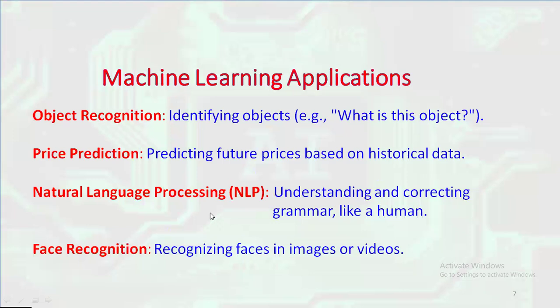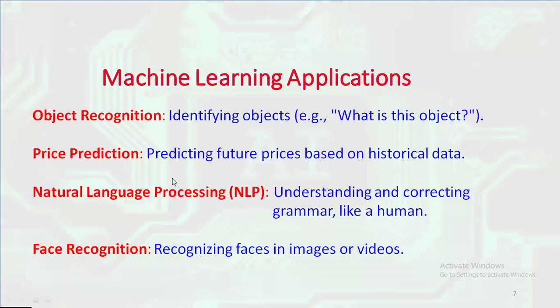Next, we'll see machine learning applications. We have so many applications; I have shown you only 4 here. Object recognition allows machines to detect and identify objects within images or videos. For example, self-driving cars use object recognition to detect traffic signs, pedestrians, and other vehicles.